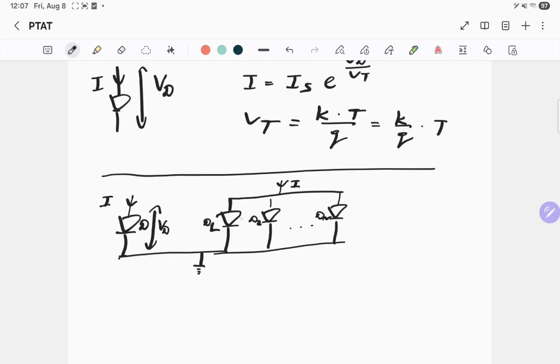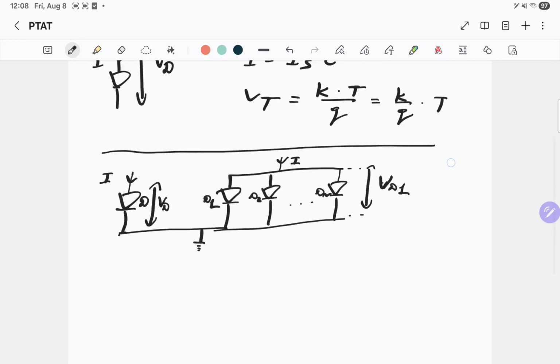Therefore, we can just denote this voltage here as VD1, because since they share the terminals, the voltage on D2 and D3, etc. to Dn is also equal to VD1.